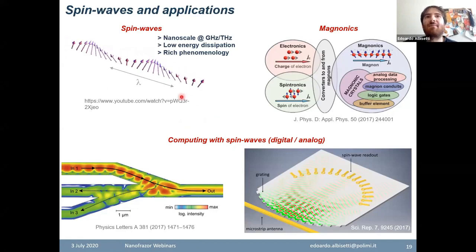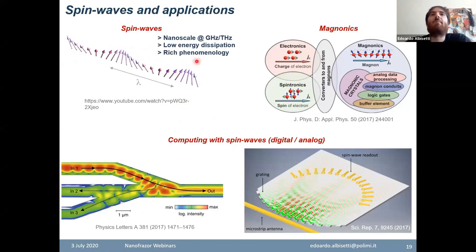Here you see an example of a spin wave. If you have a ferromagnetic material and you provide a really localized magnetic field excitation, exactly as you would by throwing a stone in a lake, then you have ripples in the direction of the spins. And these ripples propagate as waves, hence the name spin waves, that propagate within the magnetic materials.